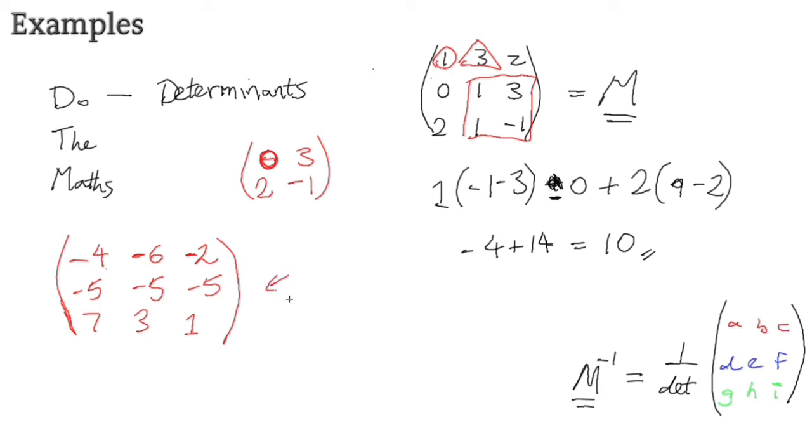Let's just call it that. With this, we have done the first D of the do the maths method. So we've got the determinants.